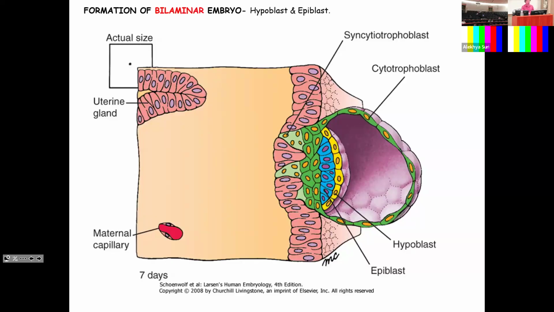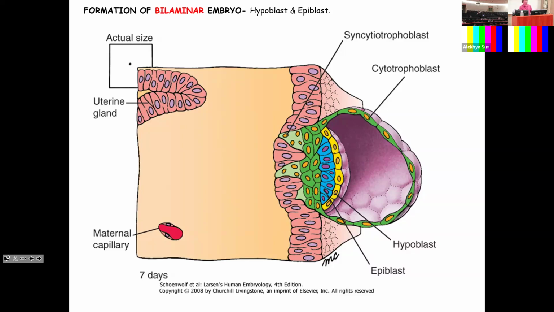And here, the inner cell mass that gave rise to the epiblast, the blue cells here, and the hypoblast here. So these are the famous 2 layers that will compose the embryo at this time. But during development, we all have 3 germ layers, which are ectoderm, mesoderm, and endoderm.